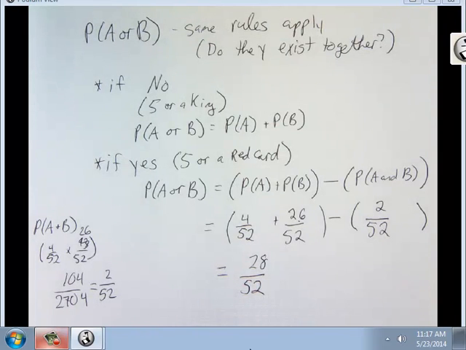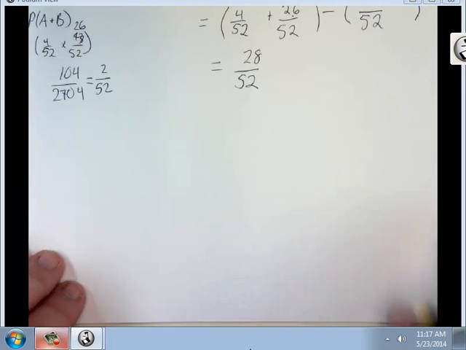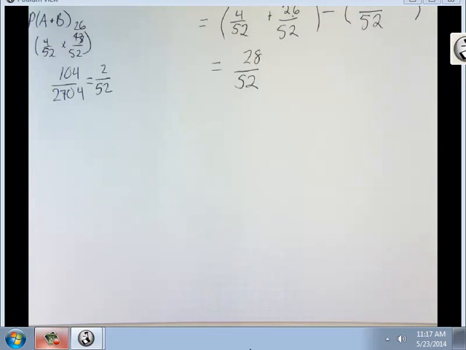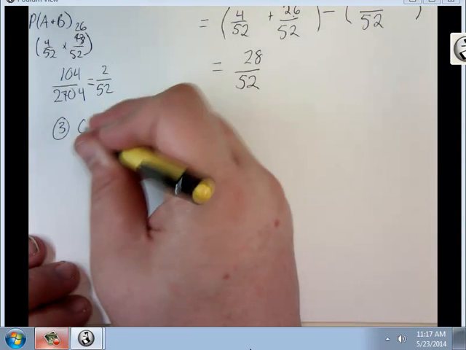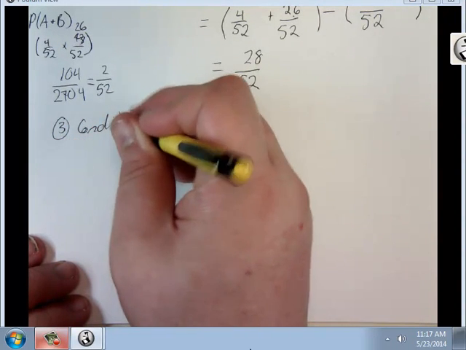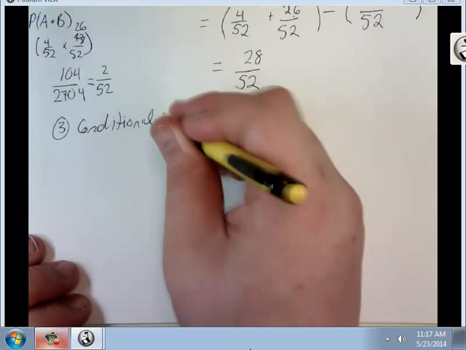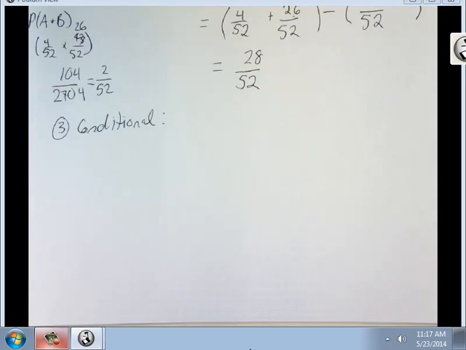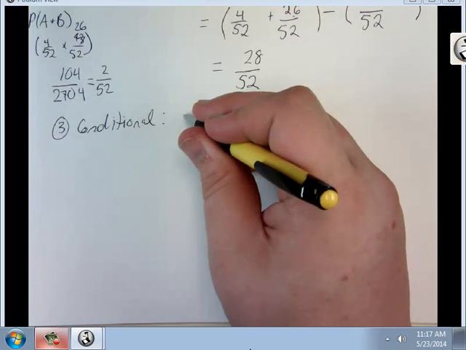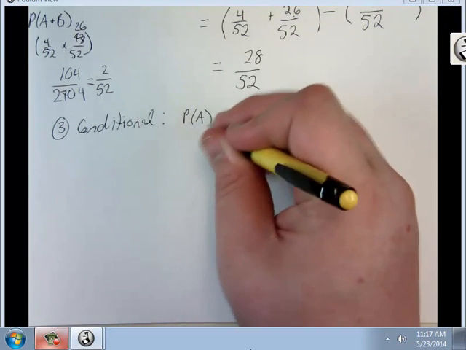All right, there is one more probability occurrence that we were going to do, and that's called conditional, which is the probability that A happens given B occurs.